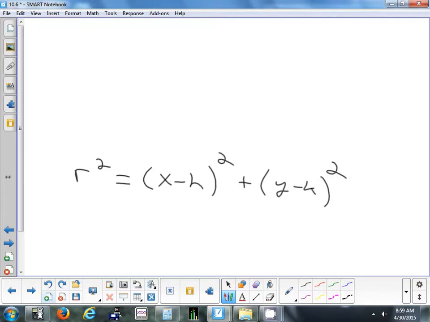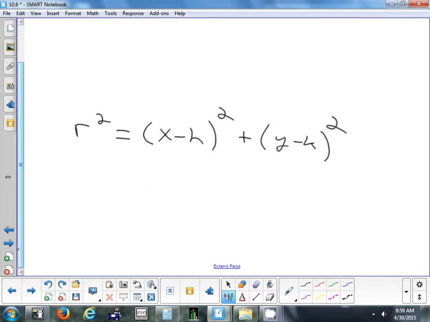That's the standard equation of a circle. What happens if either h or k becomes 0? Then it's just x by itself or y by itself. If h is 0, you're just going to get x by itself squared. If k is 0, you get y by itself squared. It simplifies a little bit. So that's everything you need to know about circles.